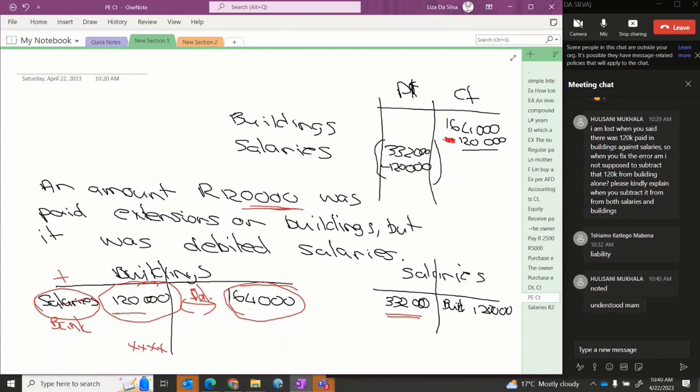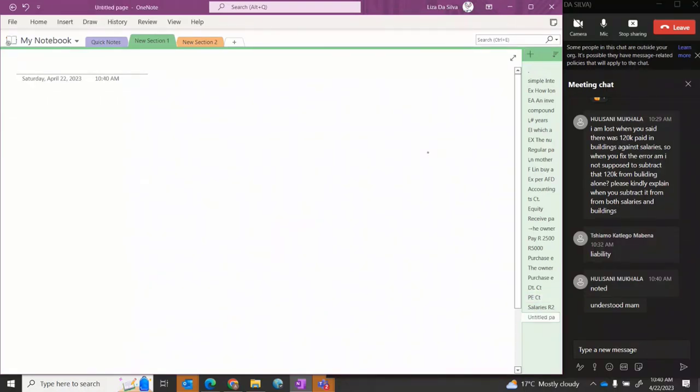Understood. Okay, I see it's 22. I just want to do another one on expenses. Let's say you received rent from a property you're renting.